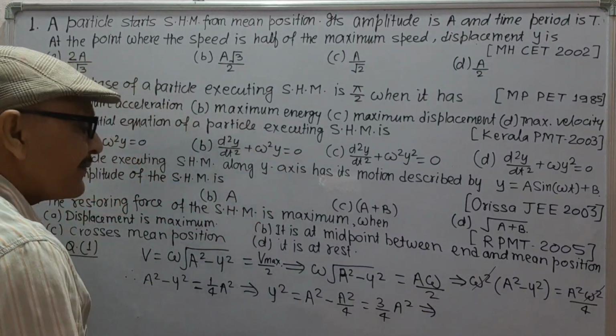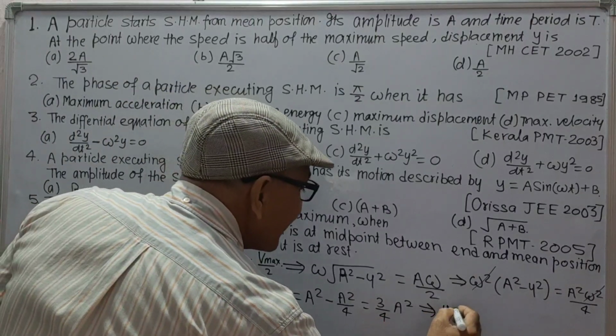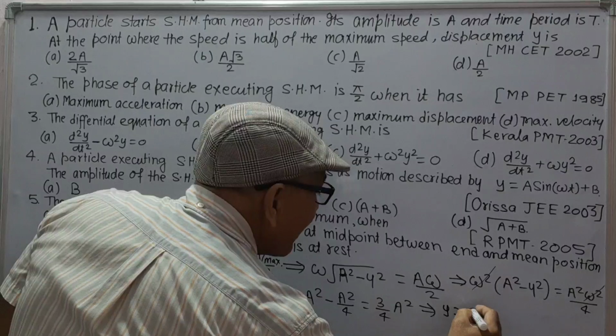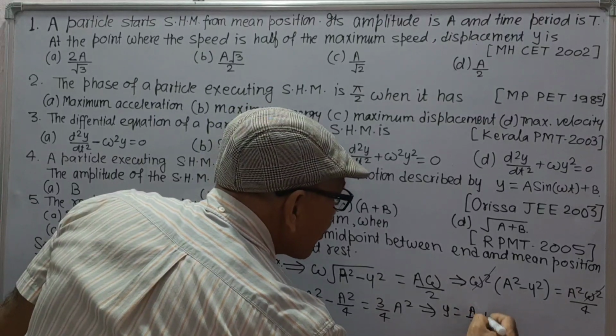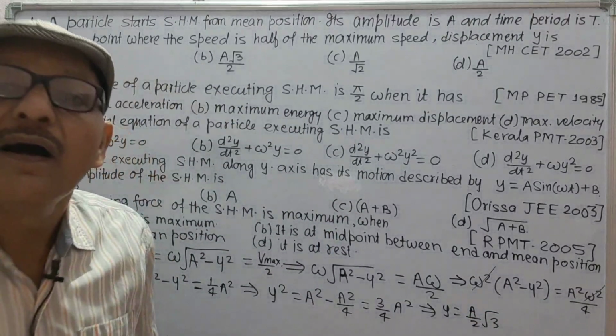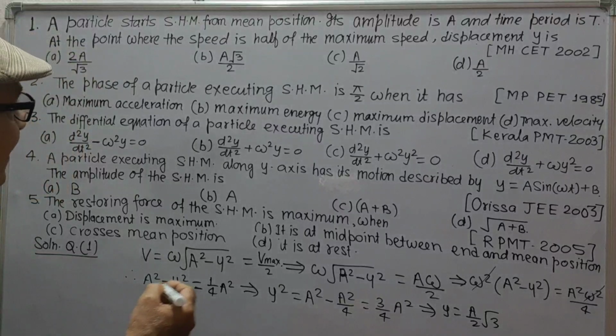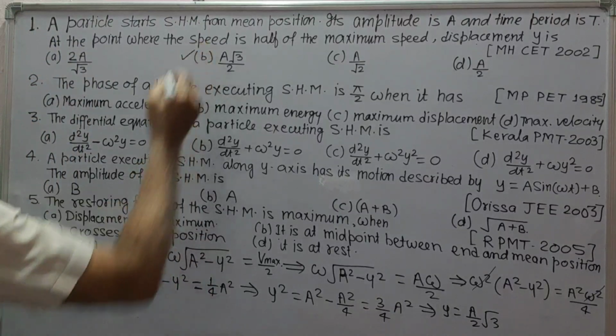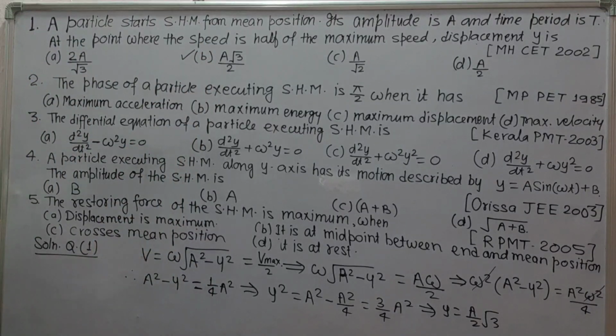Taking square root on both sides, we get y is equal to A root 3 by 2. So the correct option will be B, A root 3 by 2.